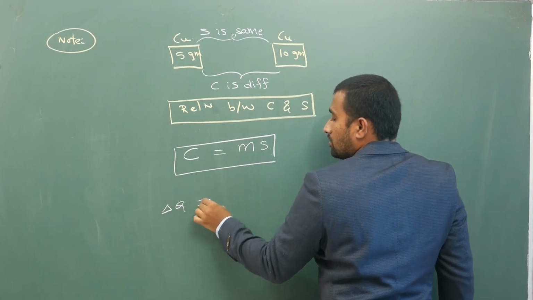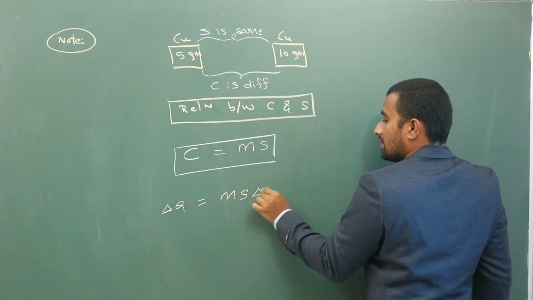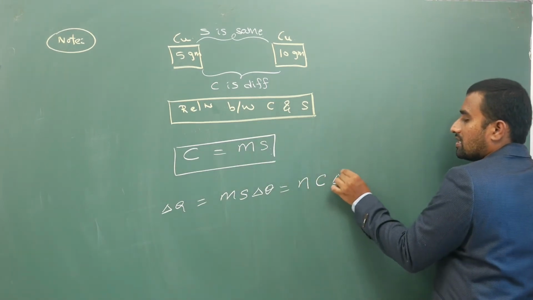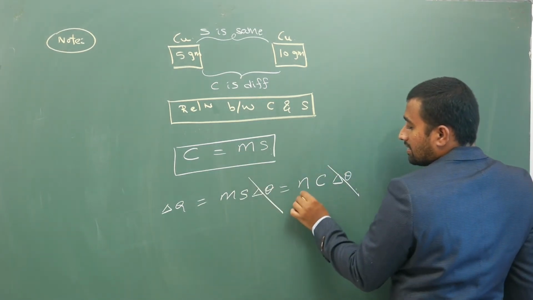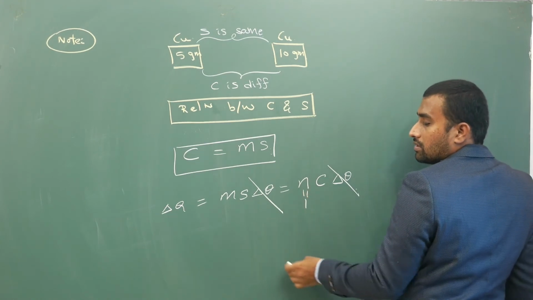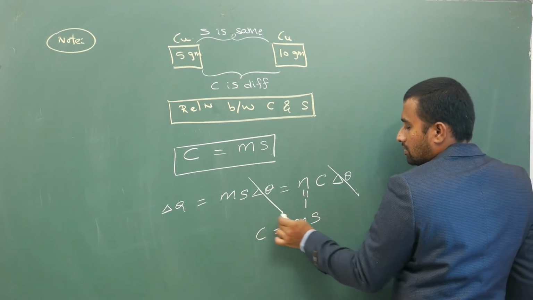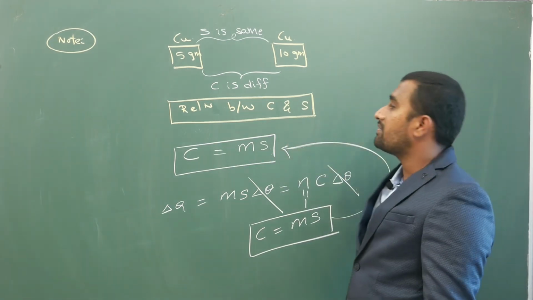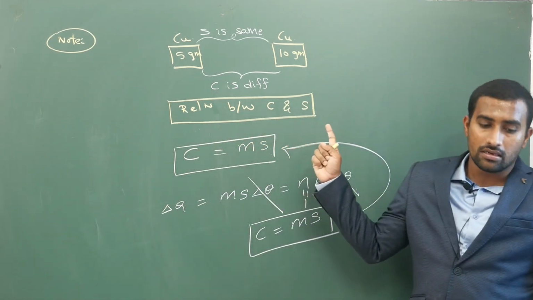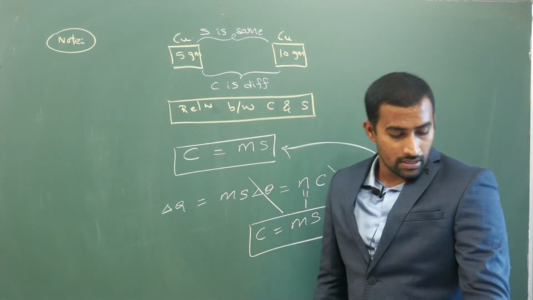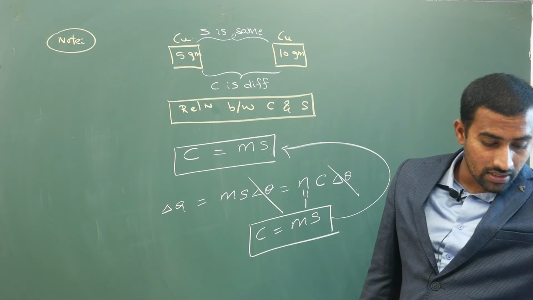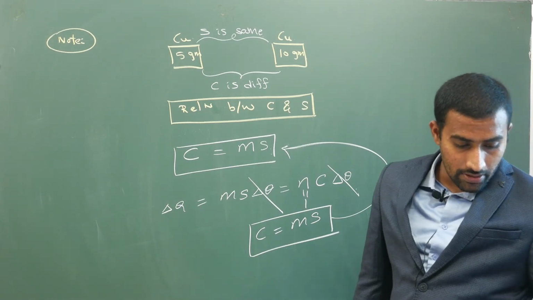Your delta Q is M S delta theta, which is also equal to n into C into delta theta. Delta theta cancels off. If you assume n equal to 1, you are going to get C equal to M into S. So this is your relation between specific heat capacity and heat capacity. You can utilize these results while solving problems.